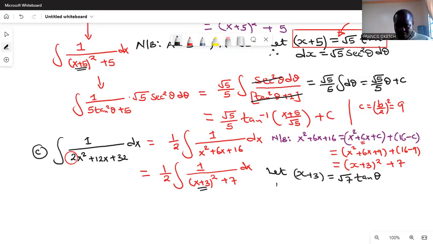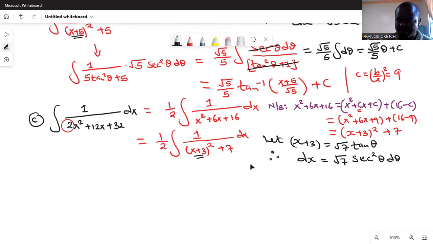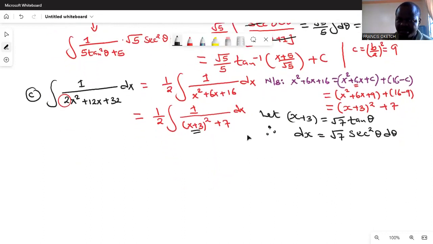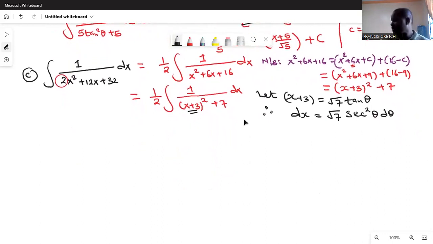I hope that is clear. So you need to know the derivative. What about dx? It will be equal to root 7 times the derivative of tan theta, which is sec squared theta d theta. Remember, we are differentiating with respect to theta, that's why I'm adding the d theta. Or you could write dx over d theta is equal to root 7 sec squared theta, and then you cross multiply so that you have dx as the subject.